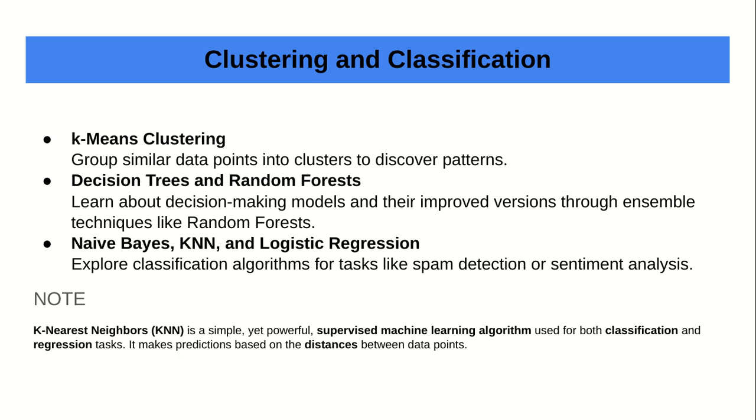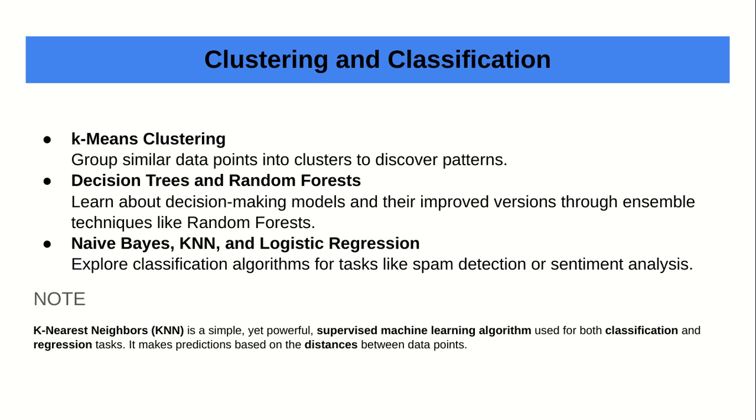So group similar data points into clusters to discover patterns. So you train the model so that it can understand certain patterns, and then learn about decision trees and random forests. They learn about decision making models and their improved versions through ensemble techniques like random forest.